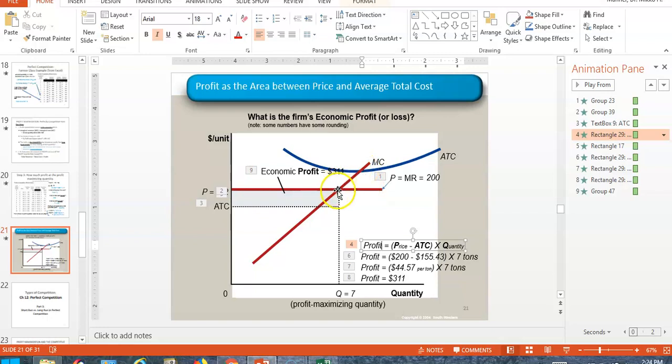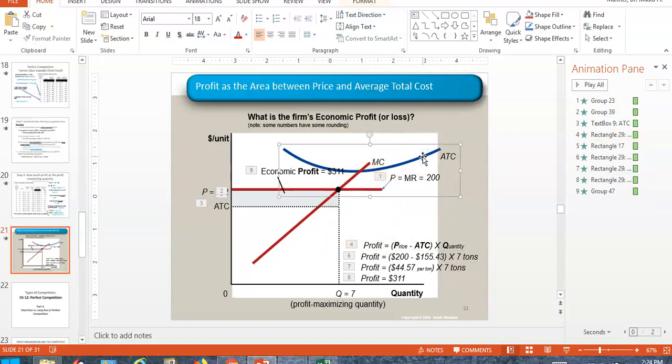It would mean that we would go up to here to get the amount of the average total cost. And it turns out the average total cost is greater than the price. Whenever the average total cost is greater than the price, we have a loss. So under this cost structure, if the average total cost was way up here as opposed to where it was initially, we would be losing money even at the best we could do.